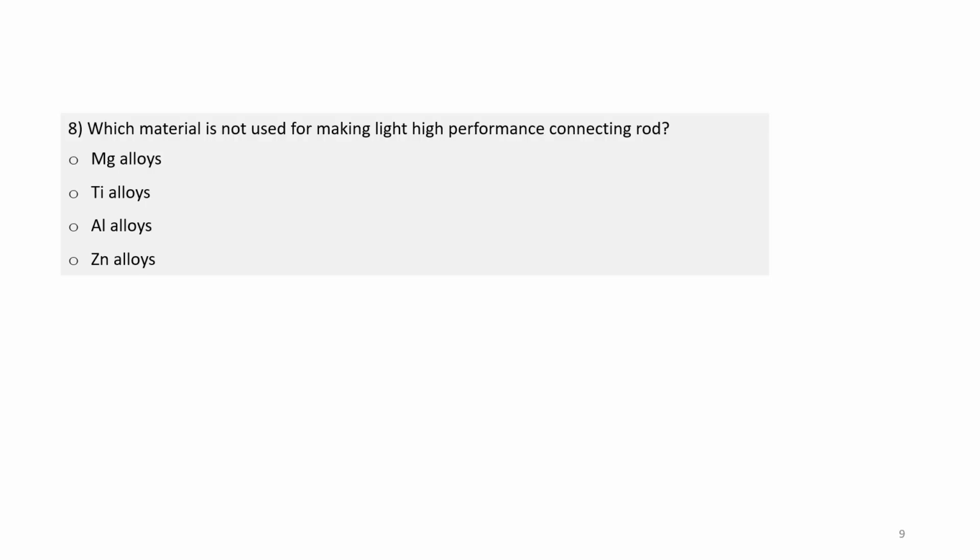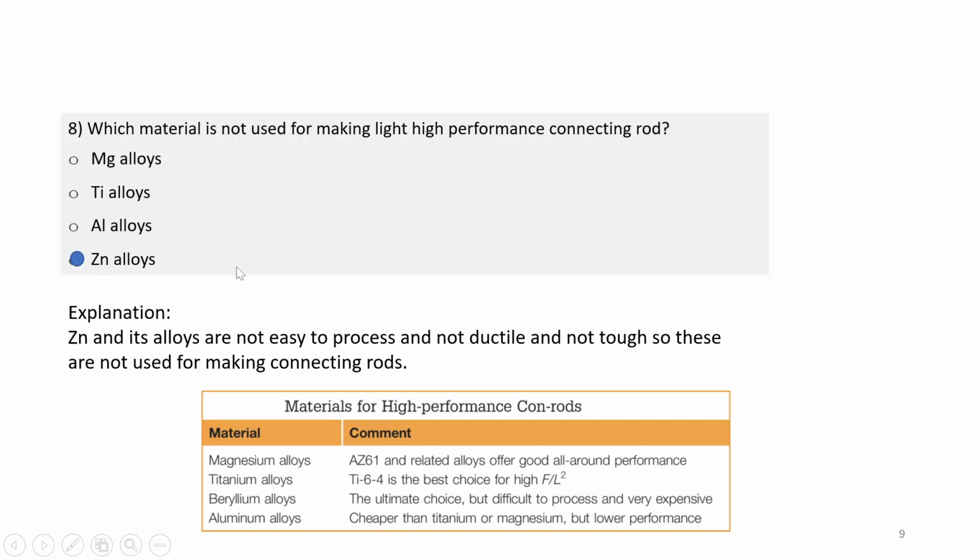All these are light materials, and all are ductile except zinc alloys. Zinc and its alloys are not easy to process, and they are not ductile and not tough, so they are not used for making connecting rods.